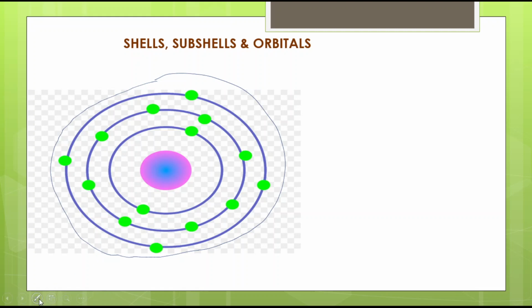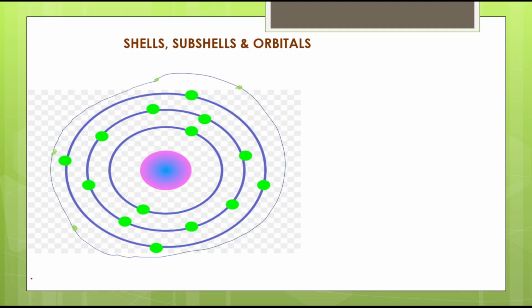So electrons are also present here. So what are these shells? Already we have defined them. These are the fixed circular paths around the nucleus in which the electrons will be revolving.